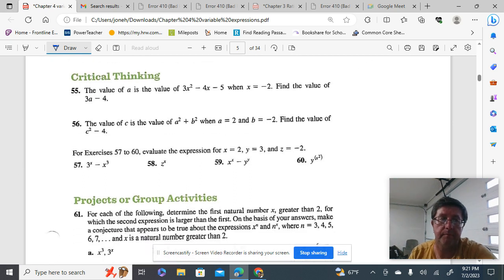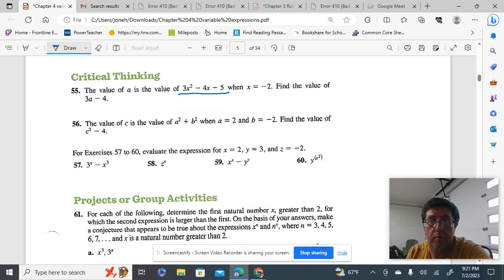Critical thinking. The value of a is the value of 3x squared minus 4x minus 5 when x equals -2. Find the value of 3a minus 4. So the value of a, you are figuring out right here. So x equals -2.